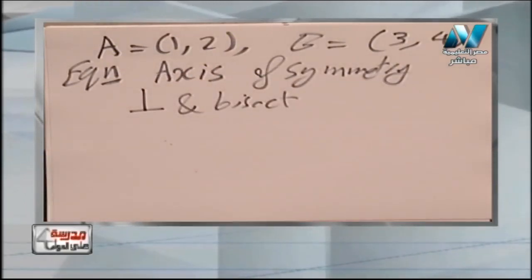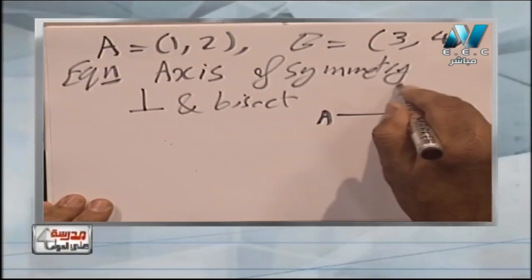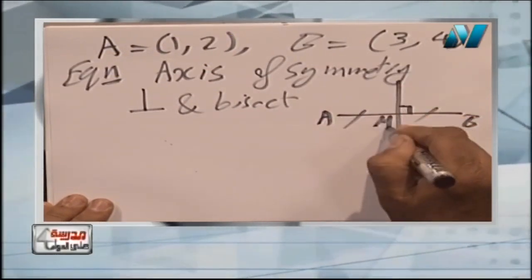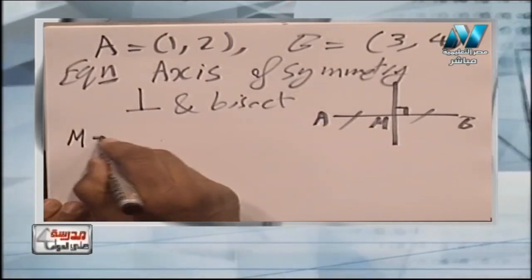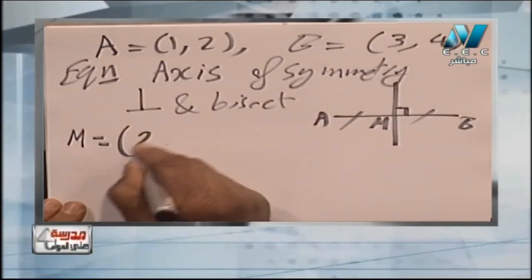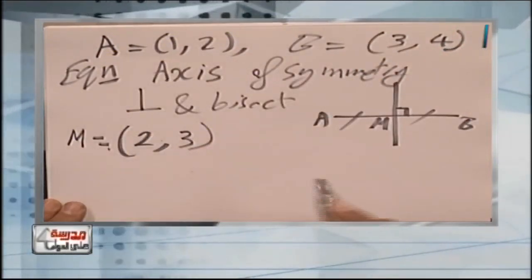Bisect of AB, then we want to find the midpoint. If it's AB and axis of symmetry means bisect and perpendicular, so we want to find the point M. Point M means 1 plus 3, 4 over 2, 2 plus 4, 6 over 2. So this point belongs to the line.